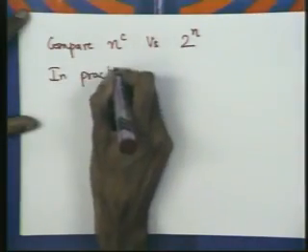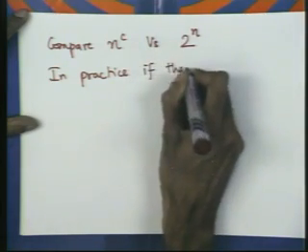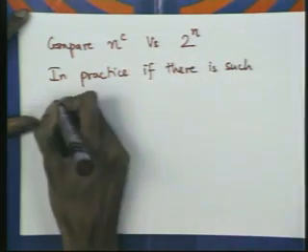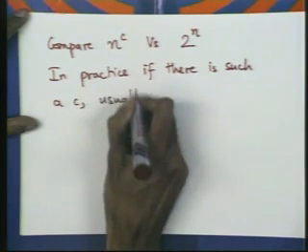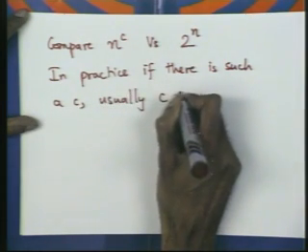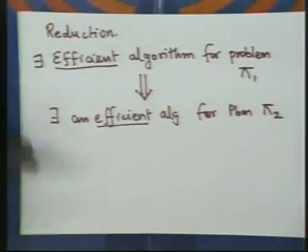If there is a polynomial time algorithm for the problem, then usually this polynomial is small, like n squared, n cubed, log n, etc. So in practice, if there is such a c, usually c is less than or equal to 3. That's why one uses this notion of efficiency, and this is a notion we'll use for the rest of this course.